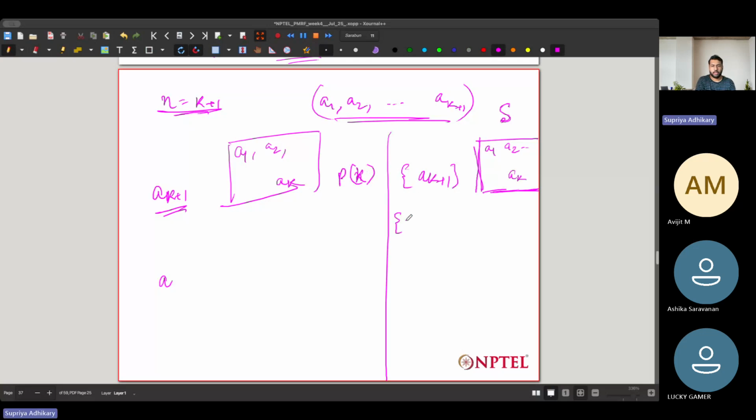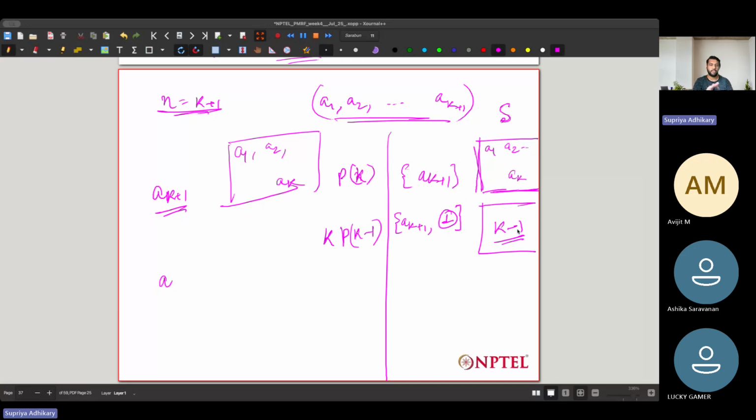Now what we consider is a k plus 1 together with one other element from this set, and the rest of the elements, excluding those two, are over here. There should be k minus 1 elements over here. So how many ways can we do it? This one element can be chosen from the k set in k many ways, and then we have P of k minus 1, that is, these k minus 1 elements can be partitioned in this many ways.